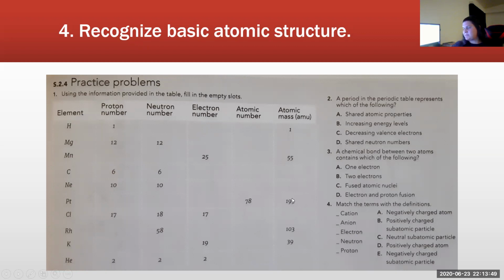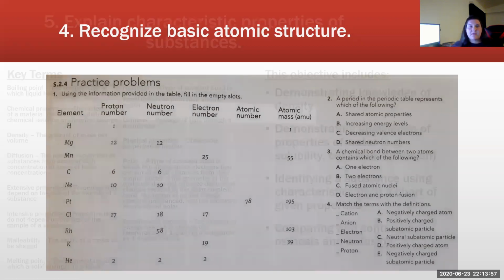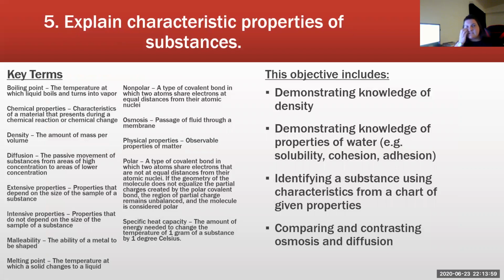We'll learn more about the prefixes and suffixes when we talk about the English language arts portion, but this definitely applies here. So, explain characteristic properties of substances. Again, pause, familiarize yourself. If anything's sticking out that you don't understand, there's plenty of things out there to help familiarize yourself with these terms.